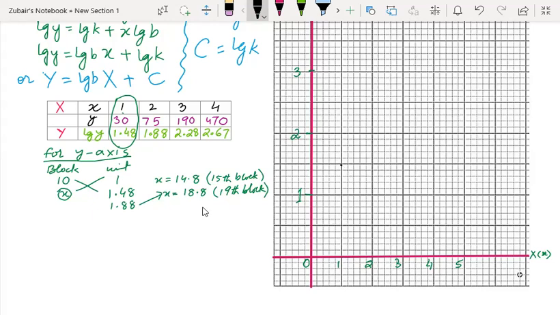Then for 2 that should be the 19th block. So this is 5, 10, 15, this is the 20th, so the 19th is somewhere here. Okay, now we should be ready to plot the line. Now we are going to join these 2 points.